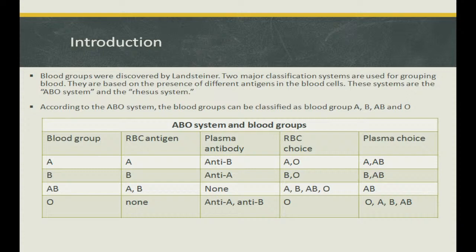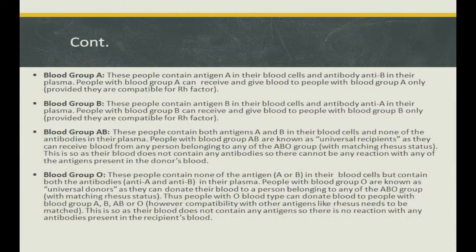According to the ABO system, the blood group can be classified as blood group A, B, AB, and O. You already know it, you got this knowledge during your previous years of studying in the university. And here is presented the table which demonstrates combination of different alleles of these antigens.